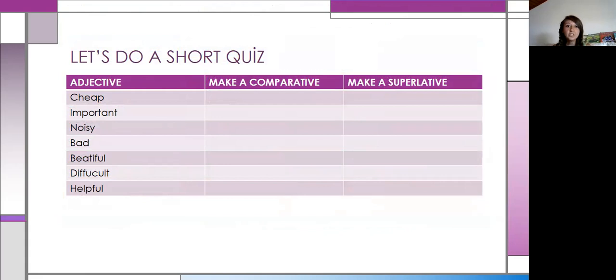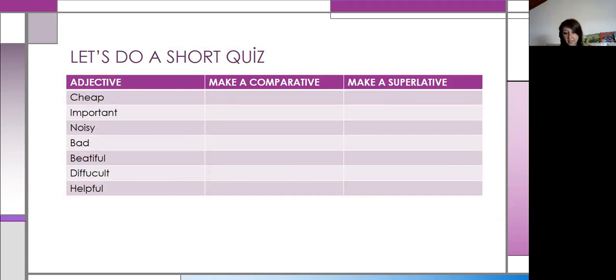Okay, cheap. Ayşe, make a comparative and make a superlative. Okay, cheap, cheaper, and the cheapest. Okay, important. Yes, important: three syllables. So we use more important and the most important.